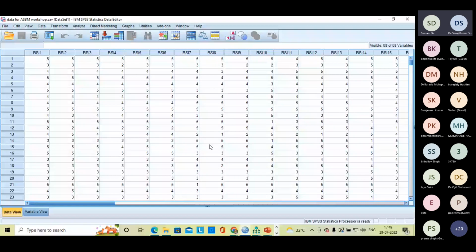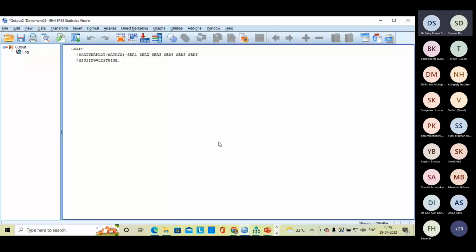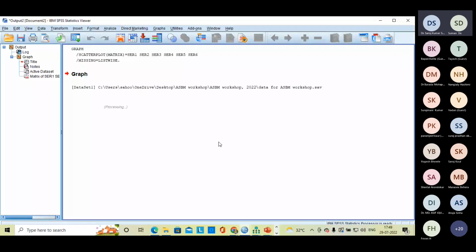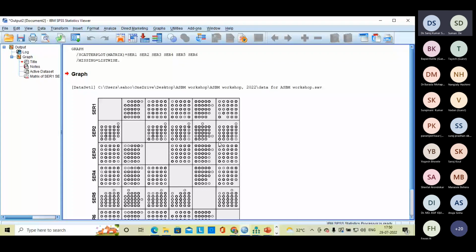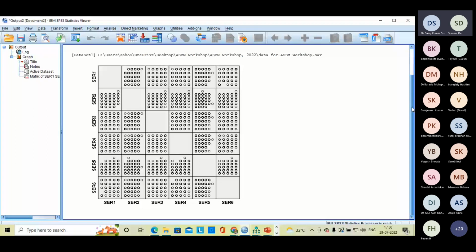Look at here. It is taking time. Whenever we give an instruction to SPSS for any graph or matrix, it takes time. All of you, please look at this matrix. See, in AMOS, I failed to prove the multivariate normality, but in the matrix, I succeed. How? Look at here.